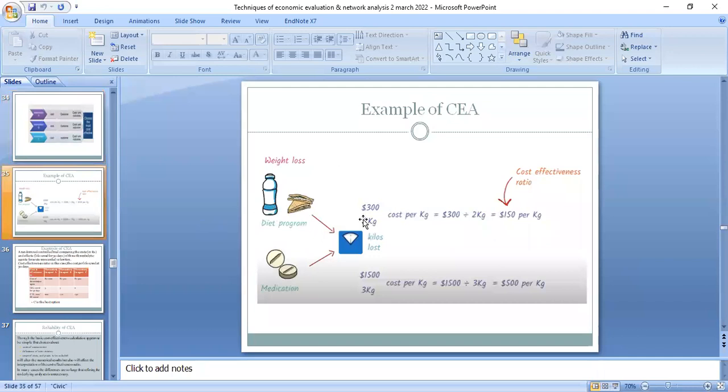The diet program costs about $300 for 2 kg weight loss, while the medication costs $1,500 for 3 kg weight loss. If we calculate the cost effectiveness ratio, the diet program will have a lower ratio, about $150 per kg weight loss, while the ratio for the medication will be higher, that is $500 per kg weight loss. So we will choose the diet program, as it has the lower cost per kg.